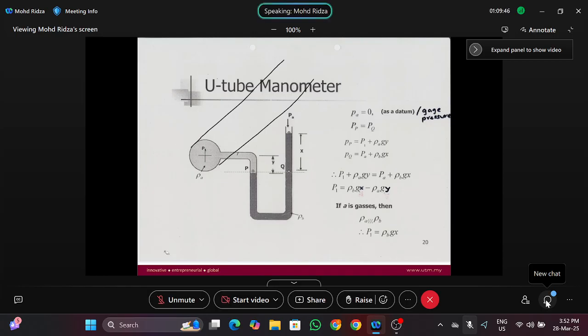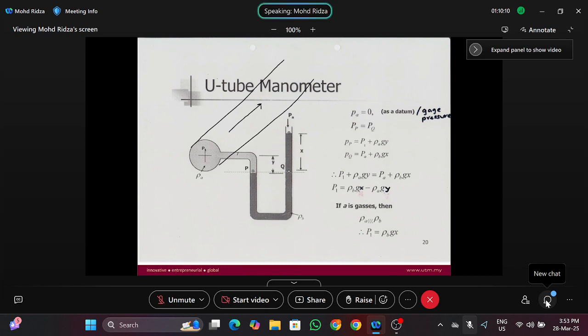The water is going into this diagram, going that way. But at the side of the pipe, we insert some tube, because we want to know the pressure.